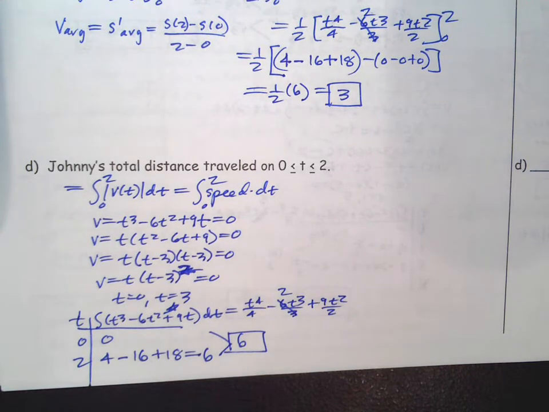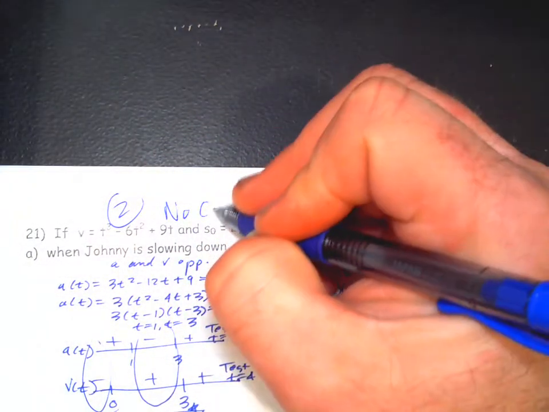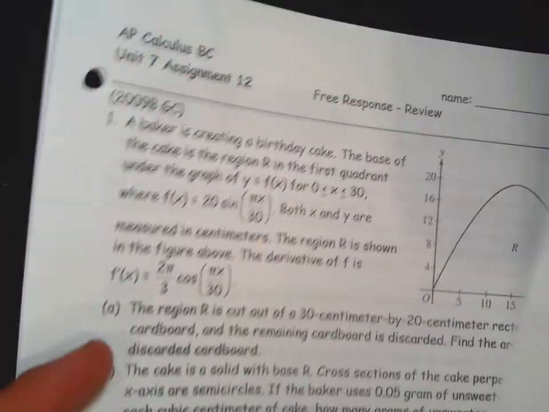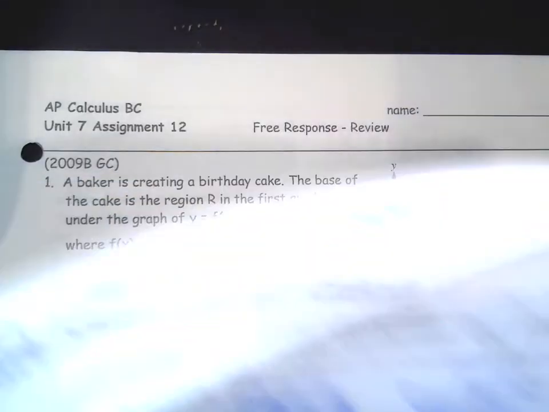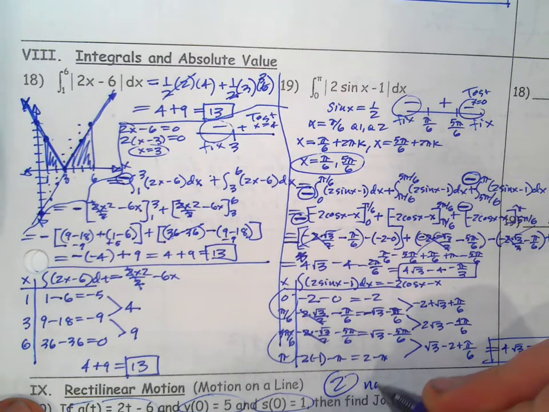Make sure you're ready for your test. Both parts, some calculator, some not. All the motion stuff was on part 2, no calc. So this is all part 2, no calc on your test. On the previous page, I didn't write it, but rectilinear motion is part 2, no calc.